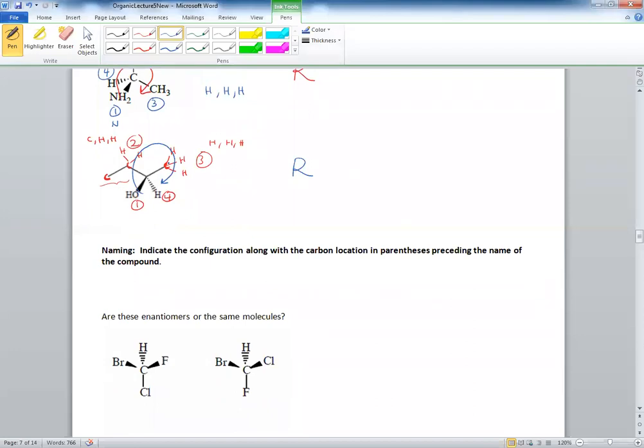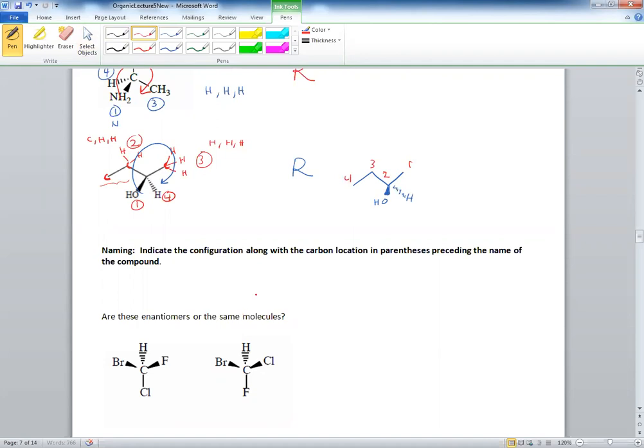Now let's include this in the name. If we were to name this, I'm going to redraw it. Okay, we don't have to include the H, but we are, just to be consistent. This would be 1, 2, 3, and 4.